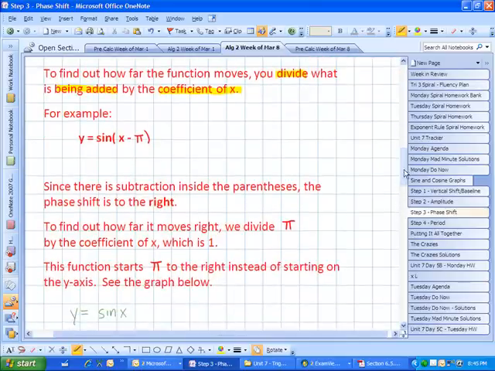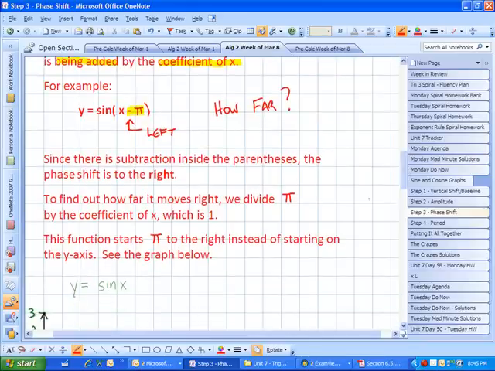So for instance here, we are subtracting pi, which means it's going to move, the subtraction means it's going to move to the right, but how far depends on dividing this term, pi, by the coefficient of x, meaning whatever is right in front of x, which in this case you didn't see anything, so it was a 1.